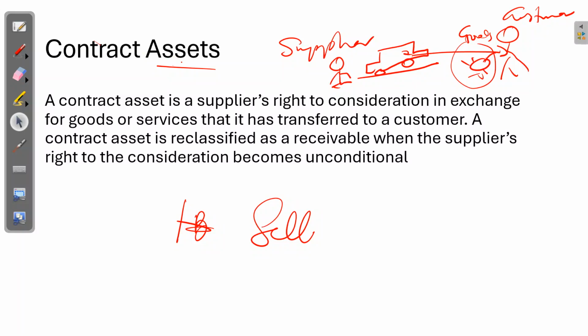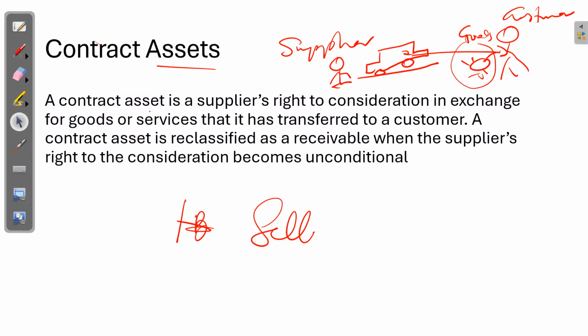So a contract asset refers to goods or services that have been delivered to the customer, where the customer has not paid for the goods and the agreement has not been finalized. But if we agree on the terms of the agreement, then this will become a receivable instead of a contract asset.